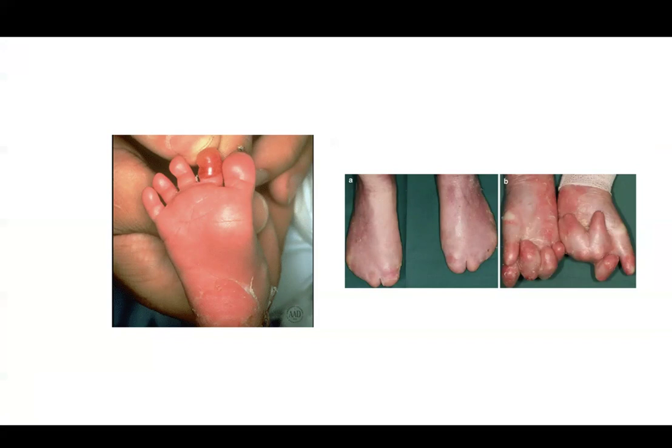So as you can see, the presentation is heterogeneous depending on the level of separation. If the level is higher, usually the presentation is different from the deeper ones, like the dystrophic one.